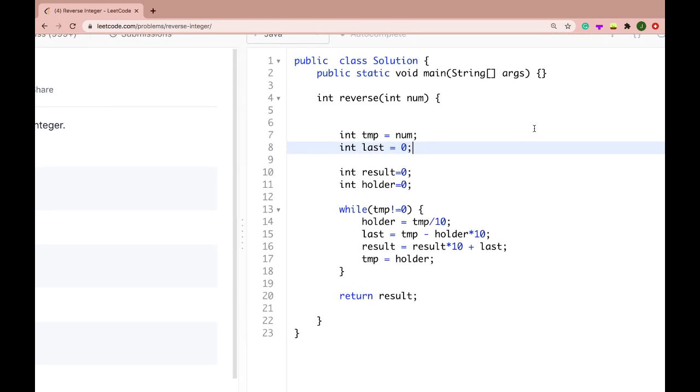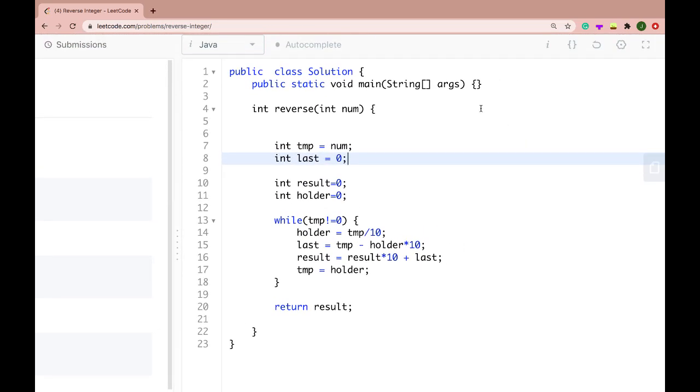So first, if num is the input, then I initialized integer temp as num, so that we would always have a num variable there to use in the future, just in case we need the initial value of num later on in the code.